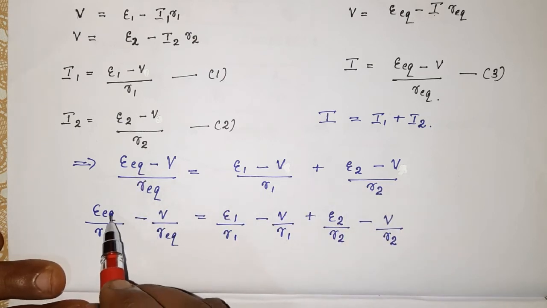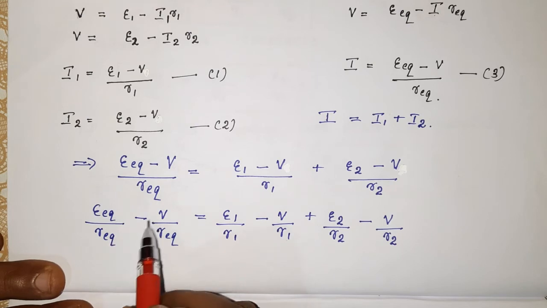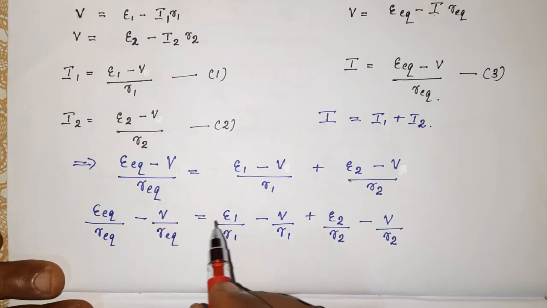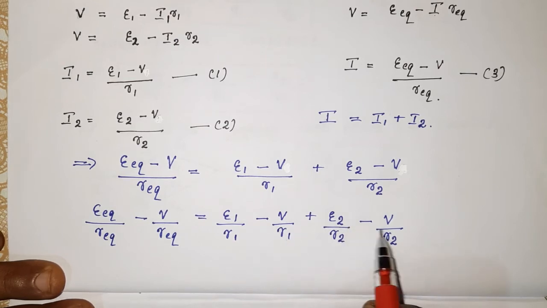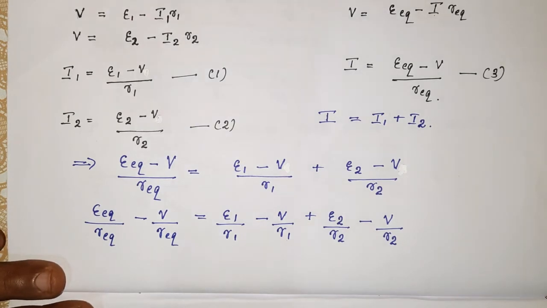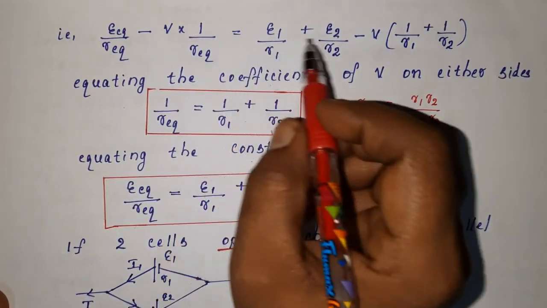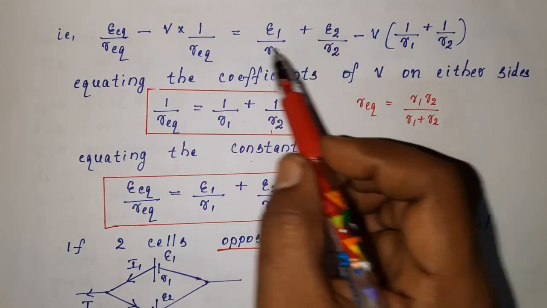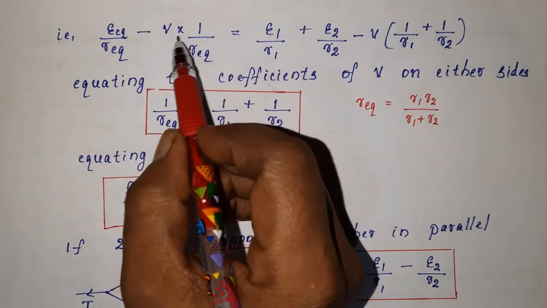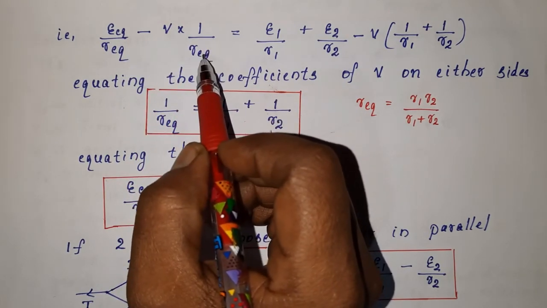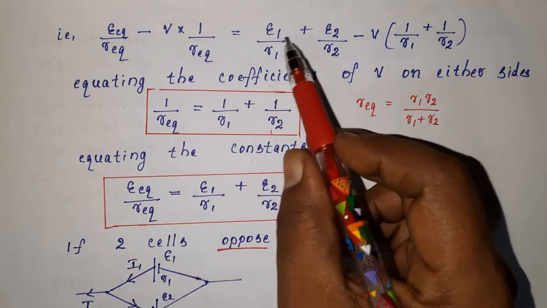So we have epsilon equivalent by R equivalent minus V by R equivalent equal to epsilon 1 by R1 minus V by R1 plus epsilon 2 by R2 minus V by R2. In the next step, we have to rearrange the terms. So the left hand side is epsilon equivalent by R equivalent minus V into 1 by R equivalent.